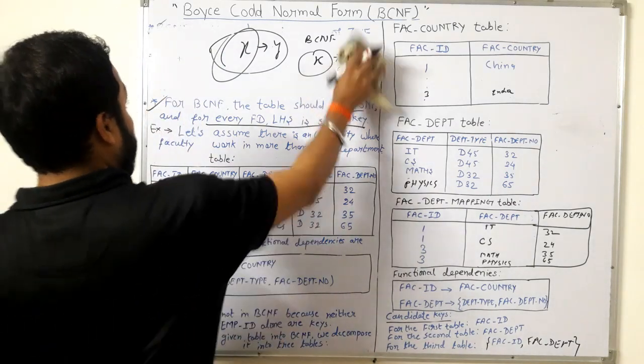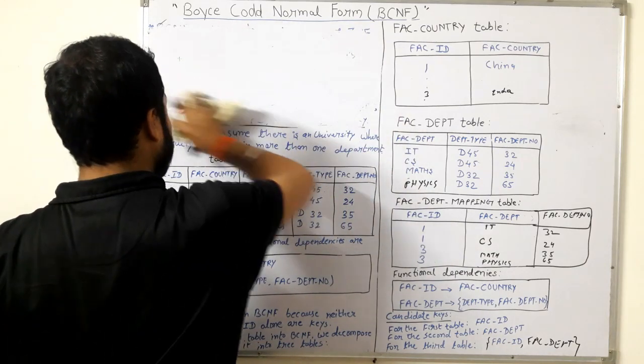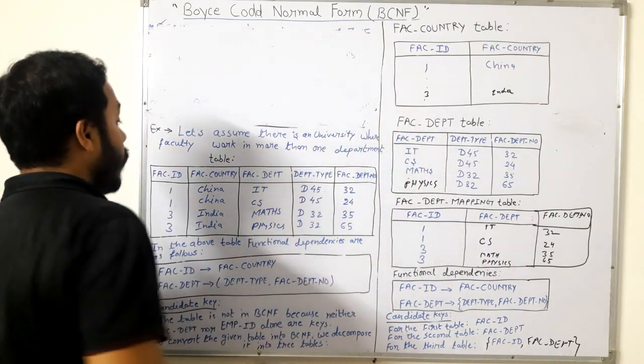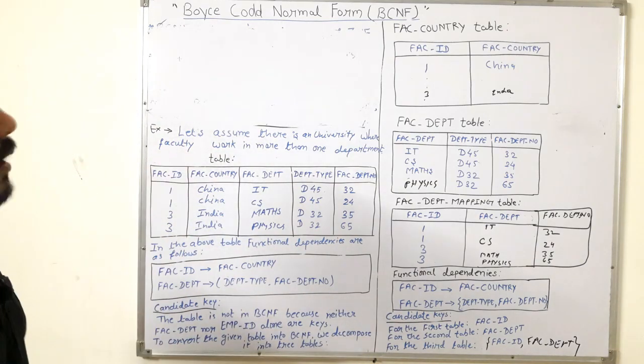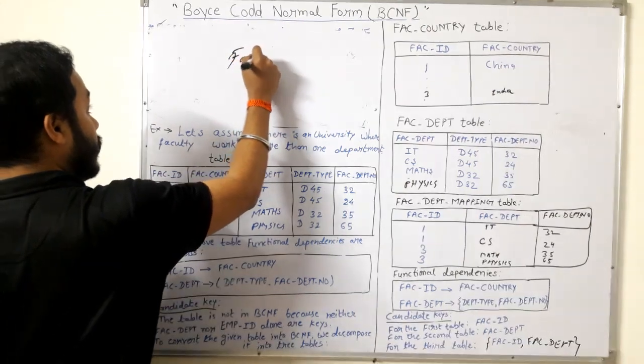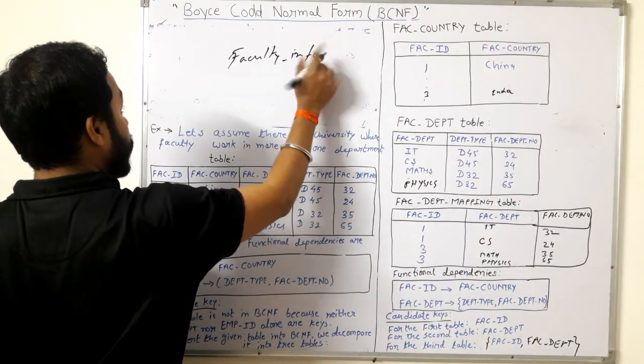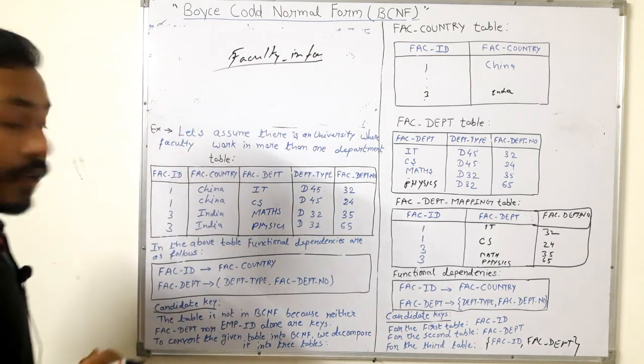Now to make this part more understandable, I am again taking one example of a table. Say this is the faculty table. I am considering the faculty information table for a university.